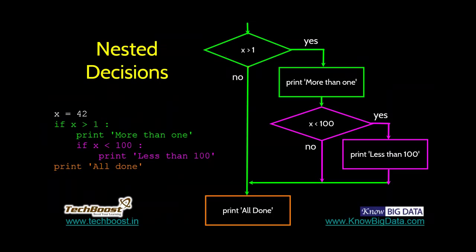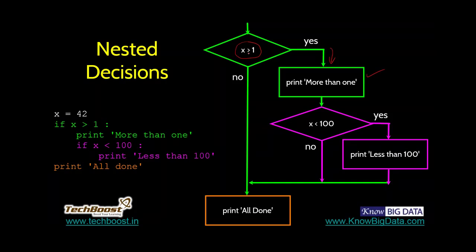Nested decisions are decisions inside decisions. So we have this first decision, x is equal to 1. We try to compare the value of x to see if it is greater than 1. If yes, it goes this way, and we try to print something if this is satisfied.